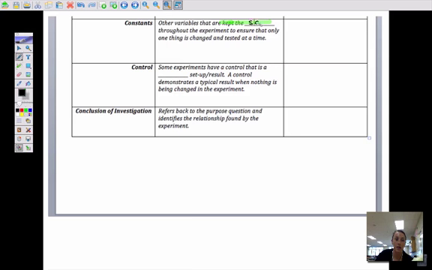Now, every other variable in this experiment has to be kept the same. We need to do this in order to ensure that only one thing is changed and tested at a time.